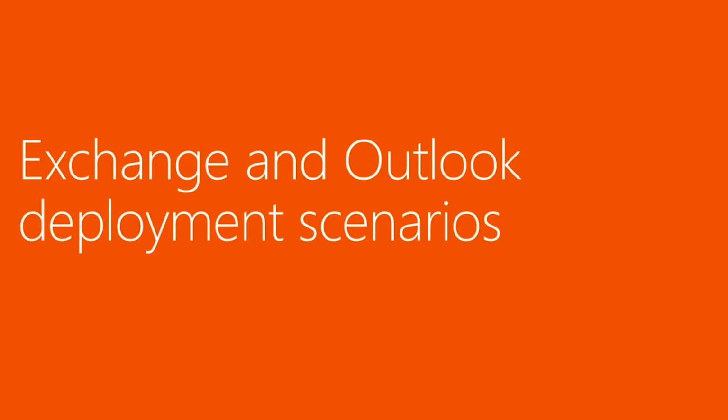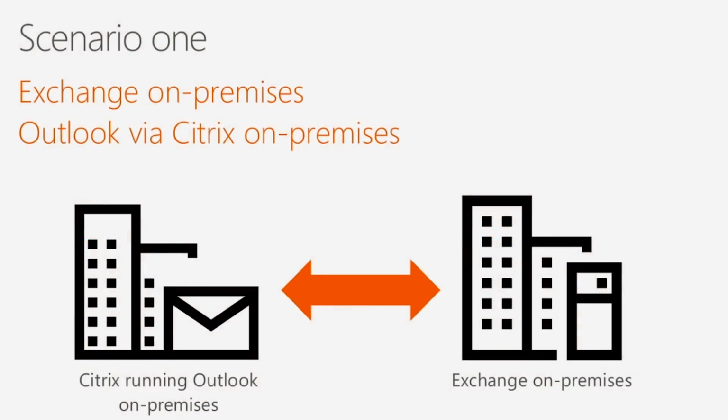So crucially, Outlook doesn't just stand alone, it connects to Exchange, and we can be hosting Exchange either on-premises or in the cloud. If we take a look at scenario one, where we have both the Citrix environments running the Outlook application and our Exchange environments on-premises, typically what we see with customers is everything is housed inside a single data center.